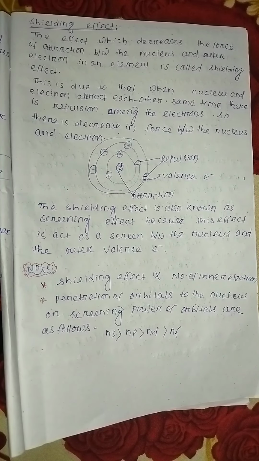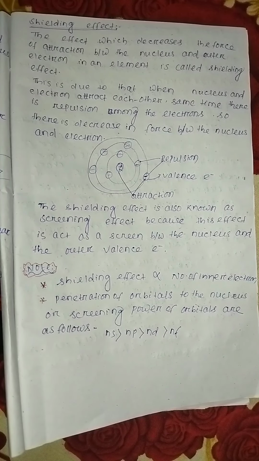But due to these electrons, there is electron-electron repulsion along with nucleus-electron attraction, so the attraction between the nucleus and the electron is somehow decreased due to the electron repulsion force. This decrease in the force of attraction between the nucleus and the electron is called the shielding effect. That means it will shield these two from attracting.